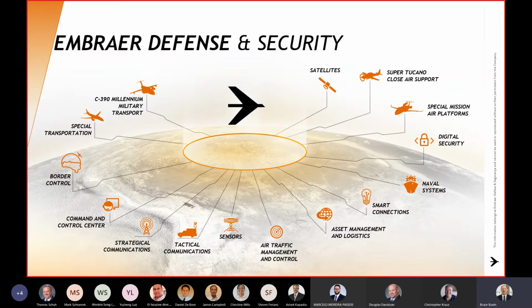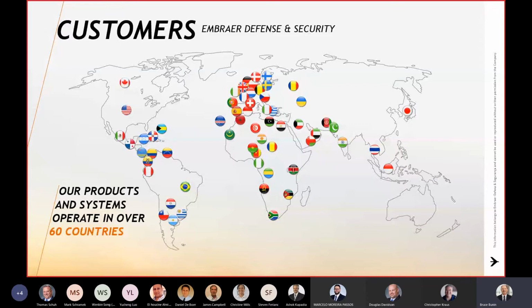More recently, you're probably familiar, we won a program with the Brazilian Navy, with other worldwide partners for the Tamandaré class of ships. And then we've now recently entered into the digital security or cybersecurity world with the investments we made in a couple of cybersecurity companies, including taking a majority position with the Brazilian company Tempest. So EDS is becoming a fairly diverse company, and I think we all hope to see that continue.